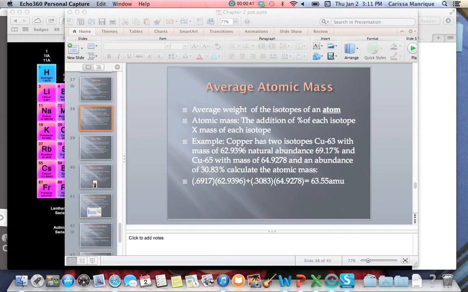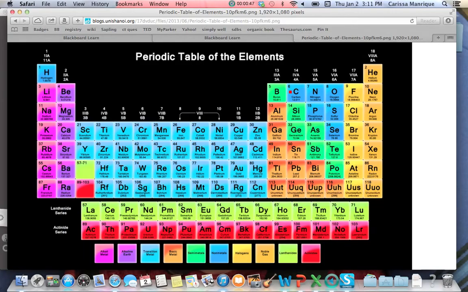So we could look at carbon, for example. If we look on the periodic table here, carbon has 6 protons, and though it doesn't show it on here, it has 6 electrons, and 6 neutrons, okay?